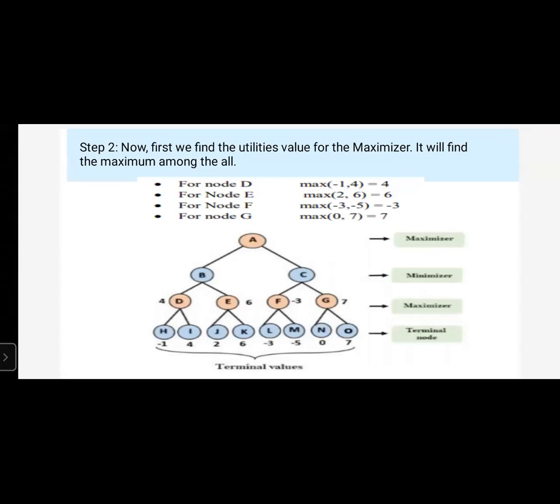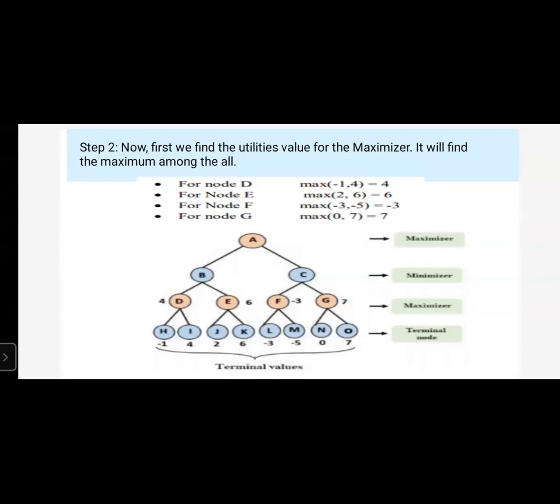Next for node F, max of minus 3 comma minus 5, so minus 5. Next for node G, max of 0 comma 7.